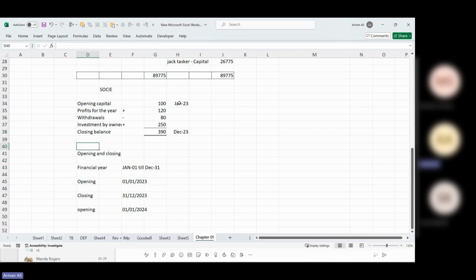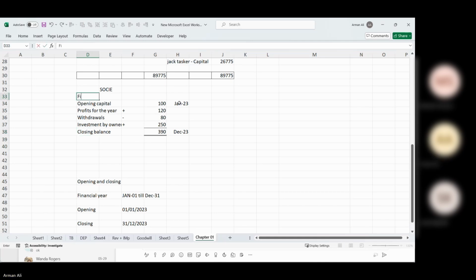But at the same time, when you start preparing the statement of changes in equity for 2023, and now when I'm going to prepare the statement of changes in equity for 2024, my opening capital is simply going to be this 390. So it's just on a continuous rolling basis.